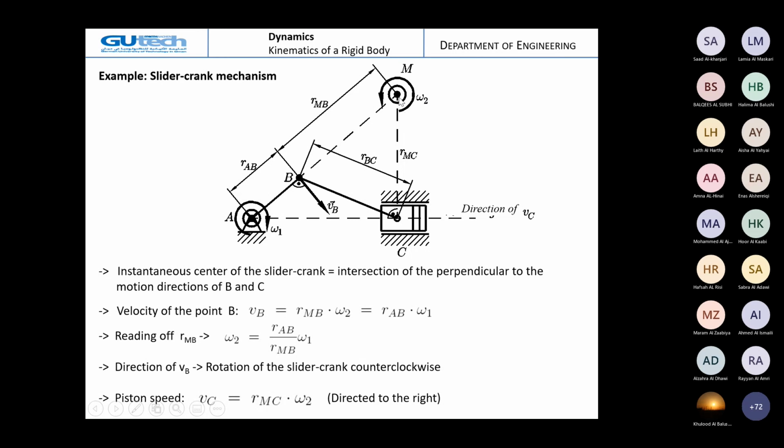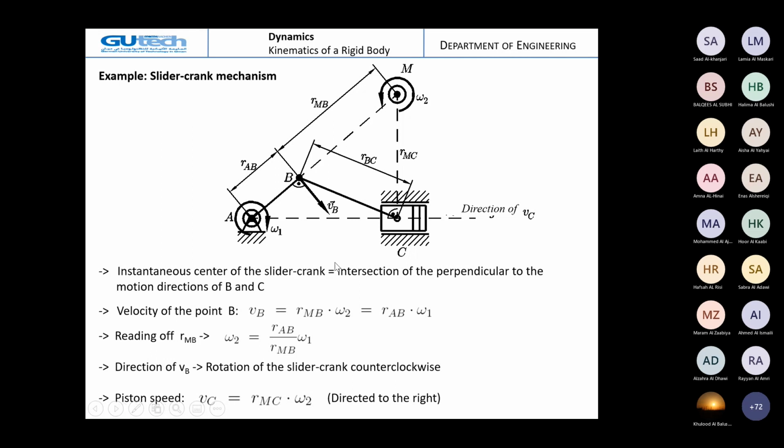We said the velocity here is 0, but the whole system is rotating about this point. And then we can get omega 2. Now if we get omega 2, then the direction of rotation of the sliding crank is counterclockwise.